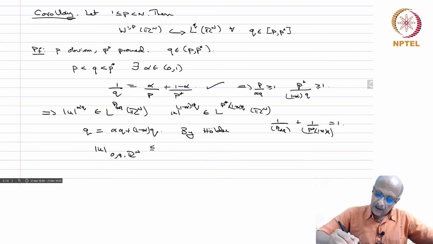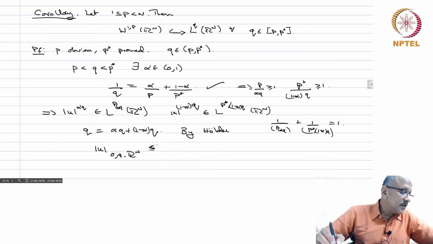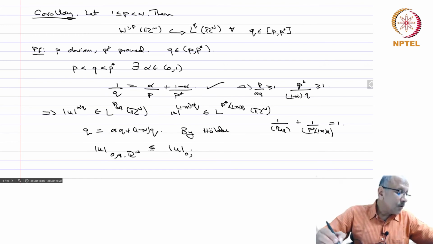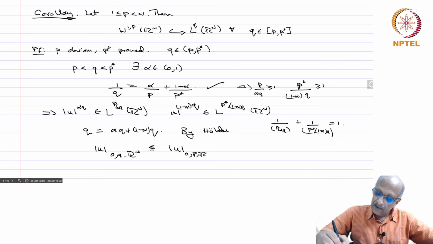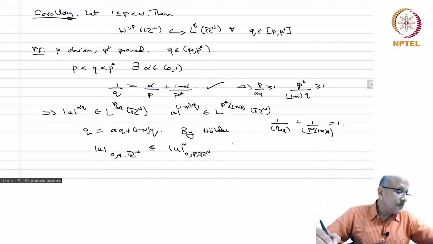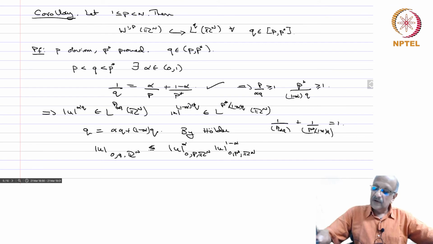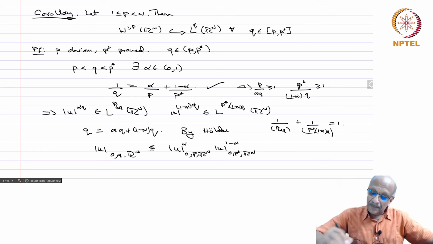So mod u power q is less than or equal to norm u in L^0 p R^n, and then because there is an alpha trailing there, this will give you an alpha, and norm u in L^0 p star R^n to the power 1 minus alpha. So just check the algebra, and you will get this. So if you get the integral of mod u to the q, it is this. I have taken 1 by q on both sides, and that will go away, and then there will only be an alpha left behind like this.